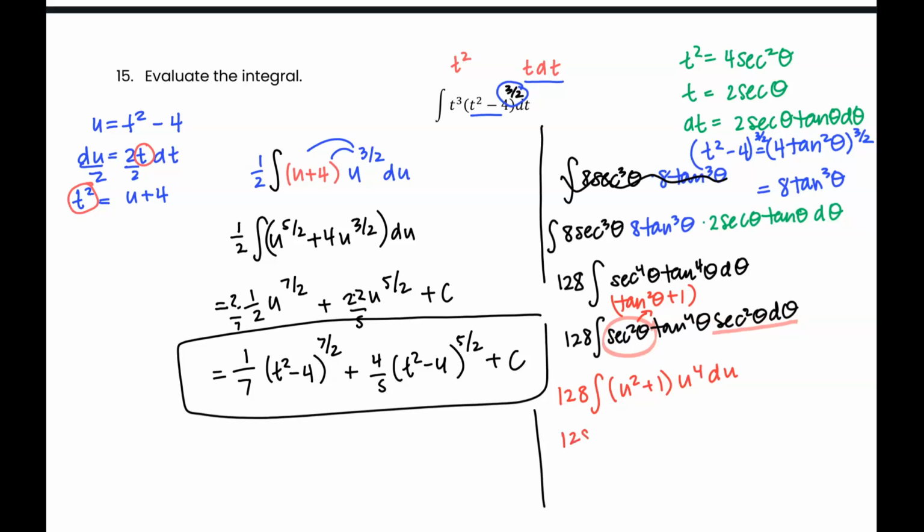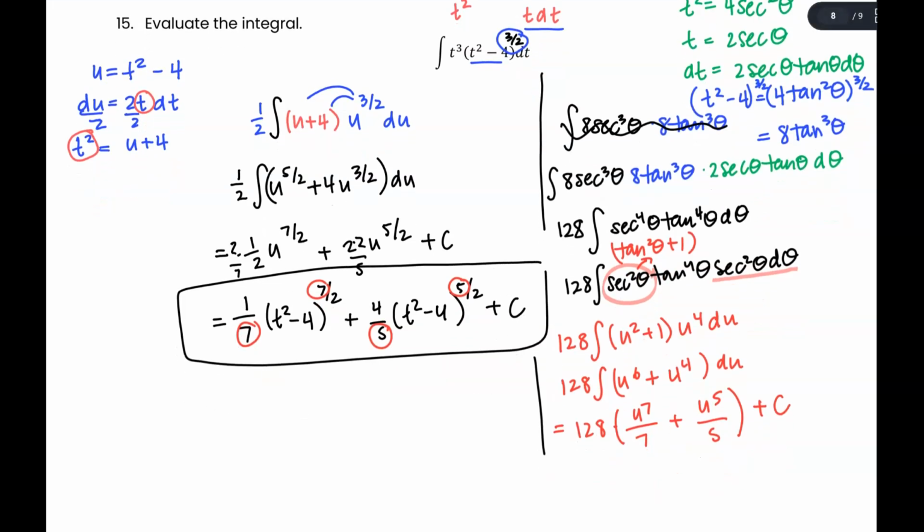So this is 128, u to the 6th plus u to the 4th, du, antiderivative, we end up with u to the 7th over 7 plus u to the 5th over 5 plus c. We're seeing some similarities already on the two sides, right? We're seeing those 7s and 5s that were in our answer when I did my u sub.